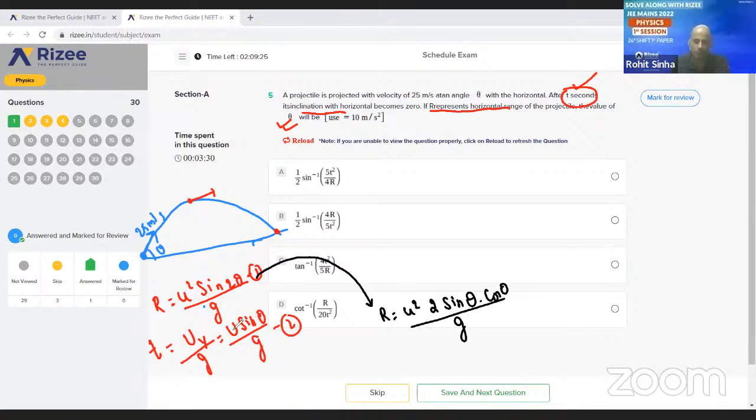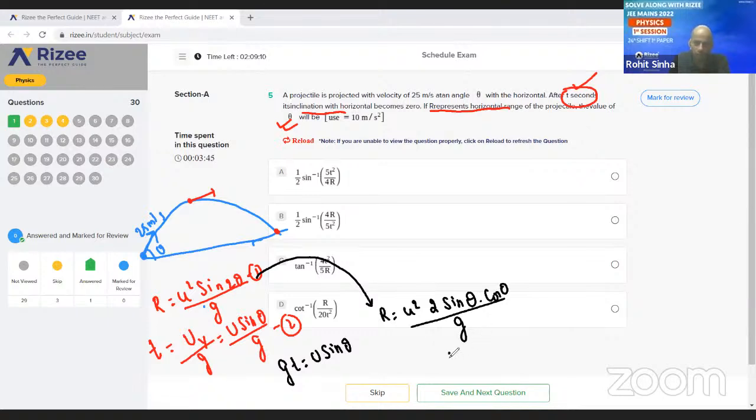Now from here, what we can do is take the value of u. It is equal to gt is equal to u sine theta, so we can replace the u like this.